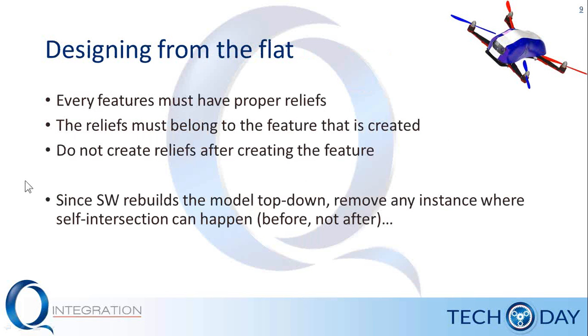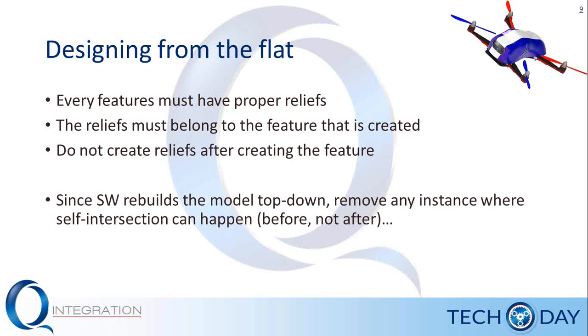So I mentioned earlier it's critical to make sure you address the self-intersection in that same feature or prior to that feature creation. So think of it designing from the flat, right? Every feature needs to have proper reliefs, and they need to belong to the same feature that is creating it. So don't create them after, right? If you're familiar with that SolidWorks feature tree, you know it's rebuilding this model from the top down.